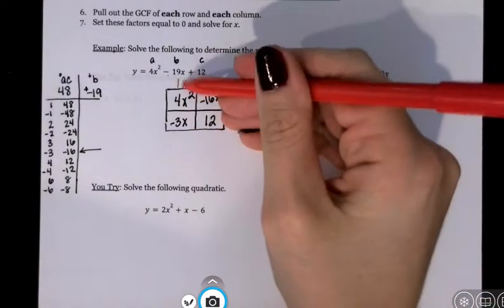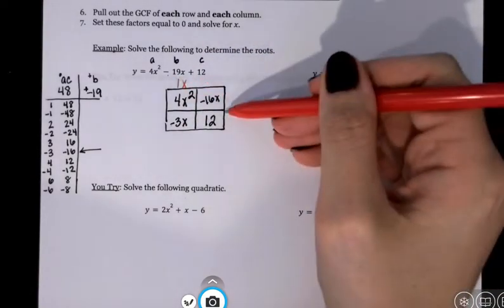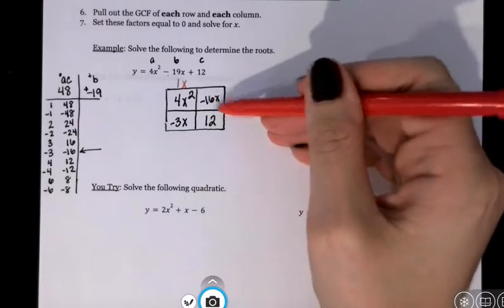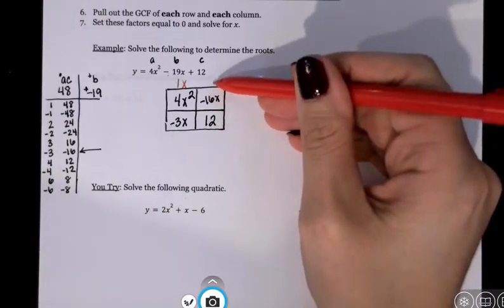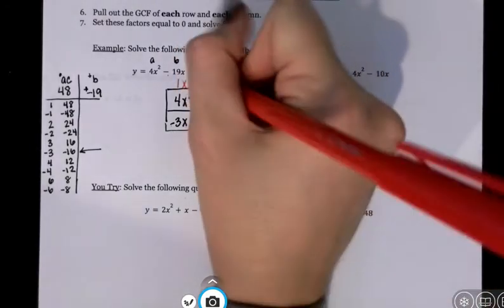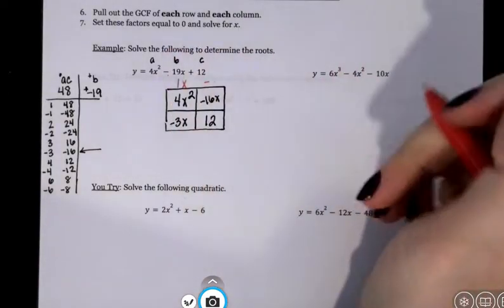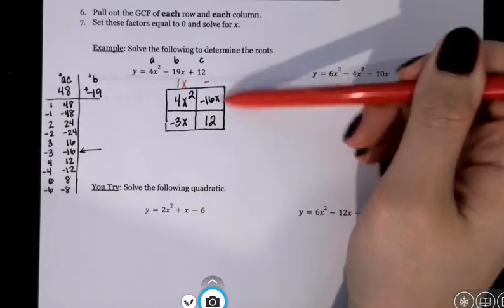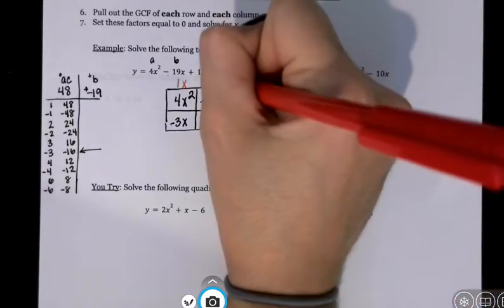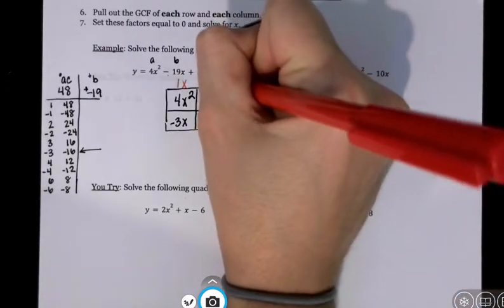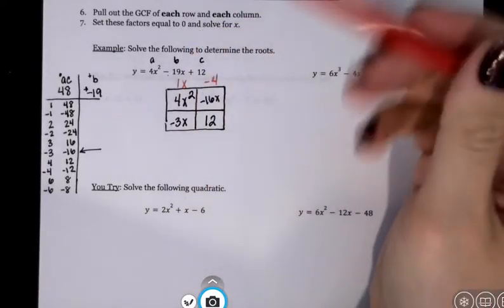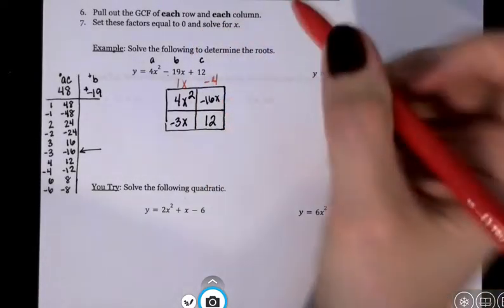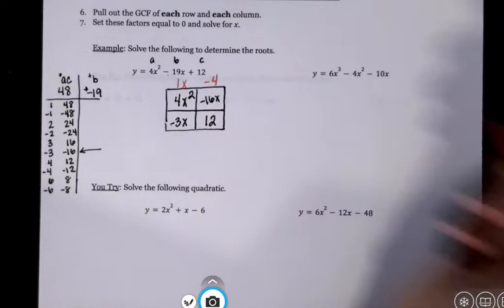So that's my GCF of that column. I move over to my other column. I have negative 16 and 12. So if this is negative, since it's right next door, I have to pull out a negative. Between 16 and 12, the biggest number I can factor out of those is going to be 4. And then they don't have a variable in common, so I can't factor that out. So I'm done with my columns.